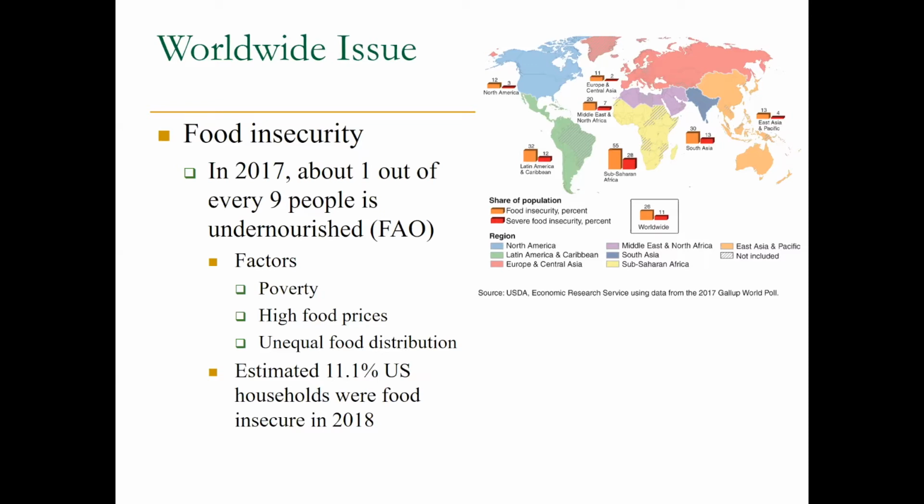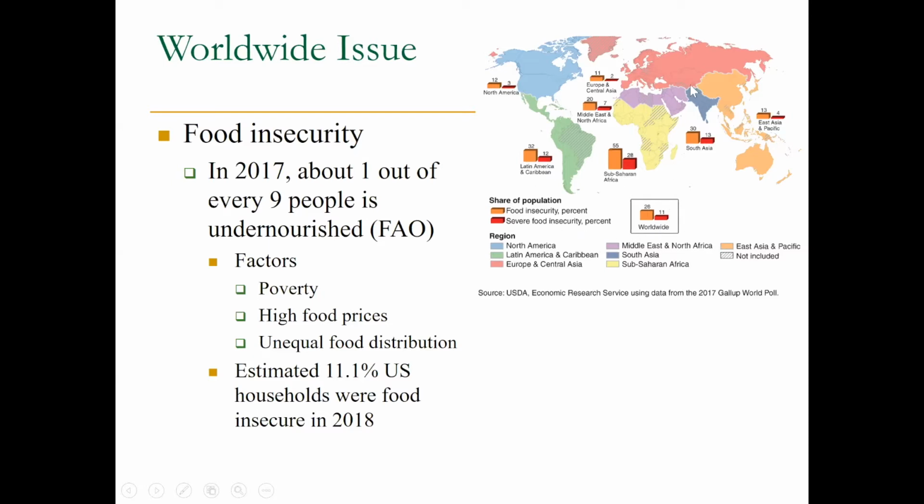In 2018, the estimation shows that in the United States, about 11.1% of U.S. households were found food insecure. Here I show a map of the worldwide food insecurity issue. You see North America, about 12% of the overall population food insecure, and 3% really severely food insecure.